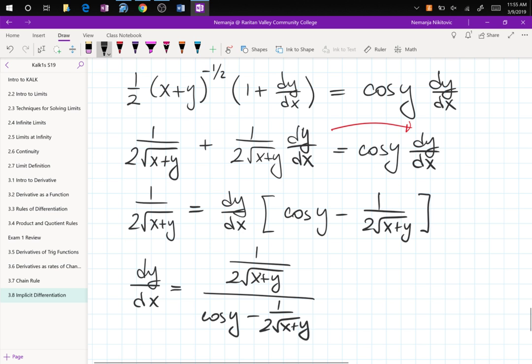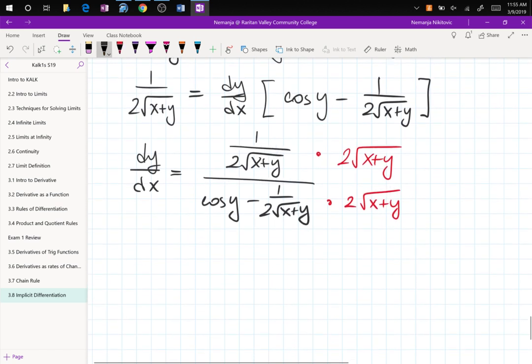And we don't like to leave it here because you have a double fraction. So we use the algebra trick of multiplying by the common denominator to kill off the double fraction. So multiply top and bottom by 2 root x plus y, which gives us that dy/dx is equal to, on top they cancel, so the numerator only has 1.